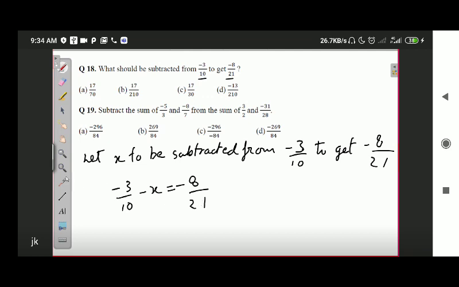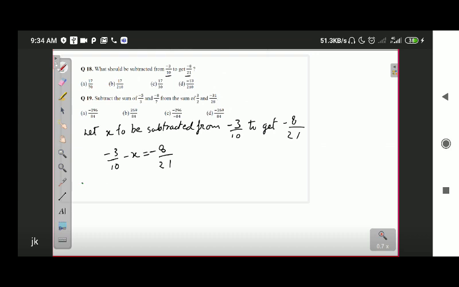So what you are going to do is simplify this. On simplification, minus x is equal to minus 8 upon 21 plus 3 upon 10. Take the common LCM, that is 210: minus 80 plus 63.